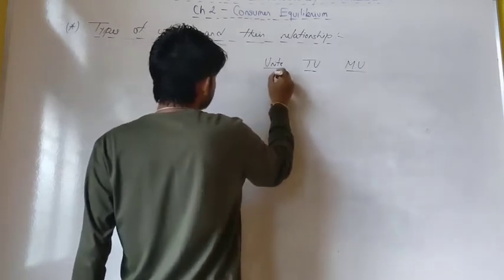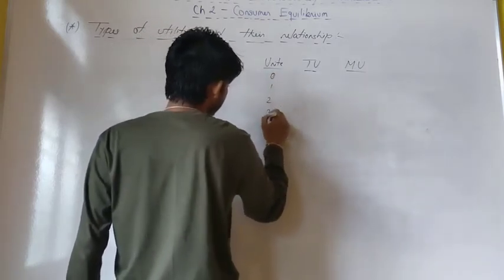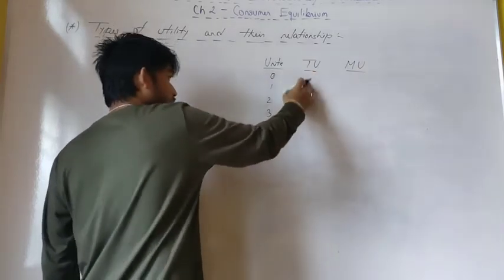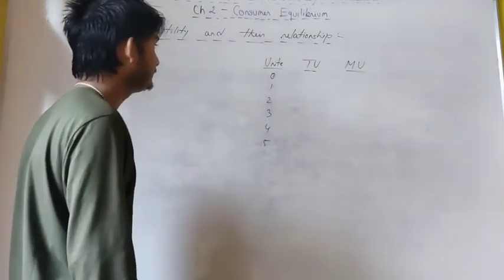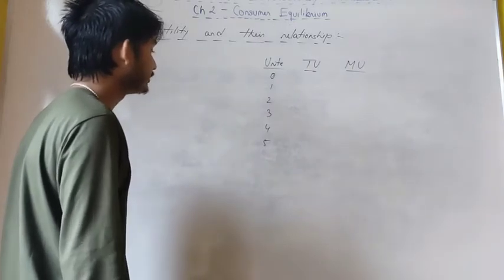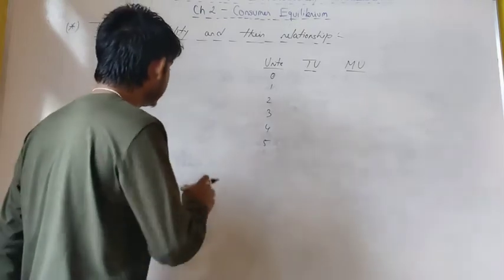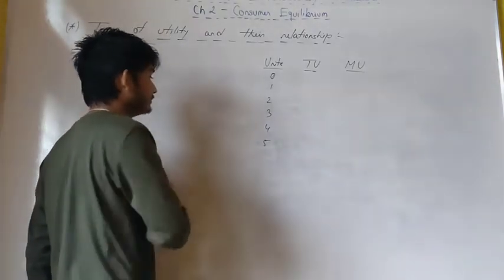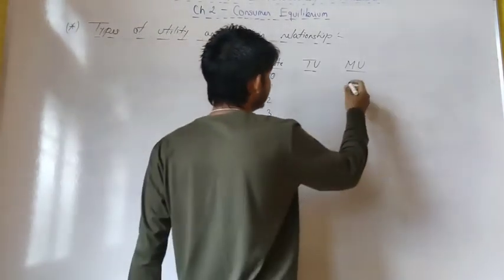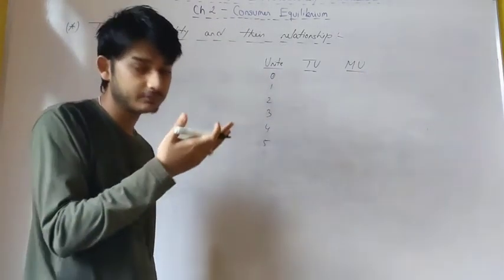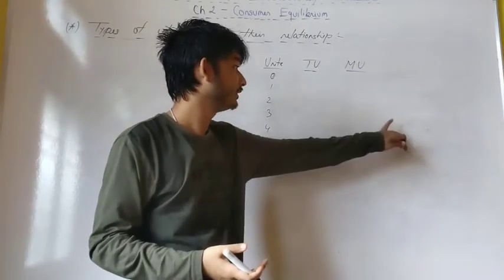Units start from 0, 1, 2, 3, 4, 5, and at first do not fill up the total utility, because if you fill up the total utility column first, there might be some difficulty in completing the table. So I would suggest that first complete the marginal utility, and we know that marginal utility basically falls.